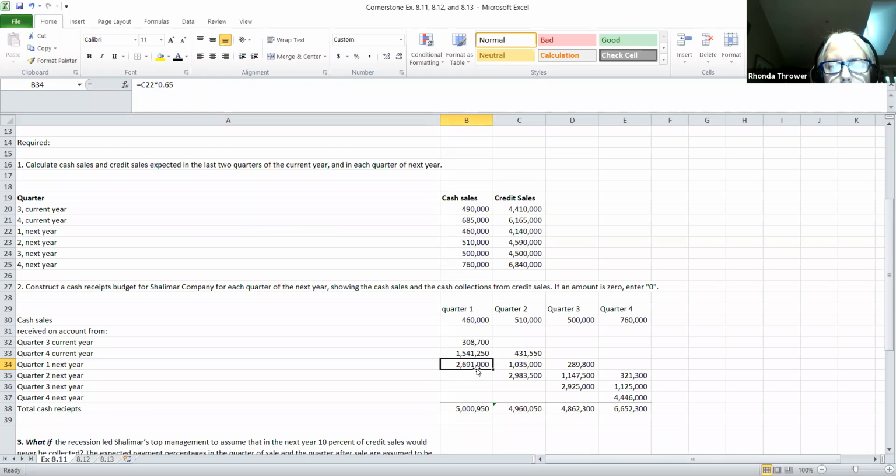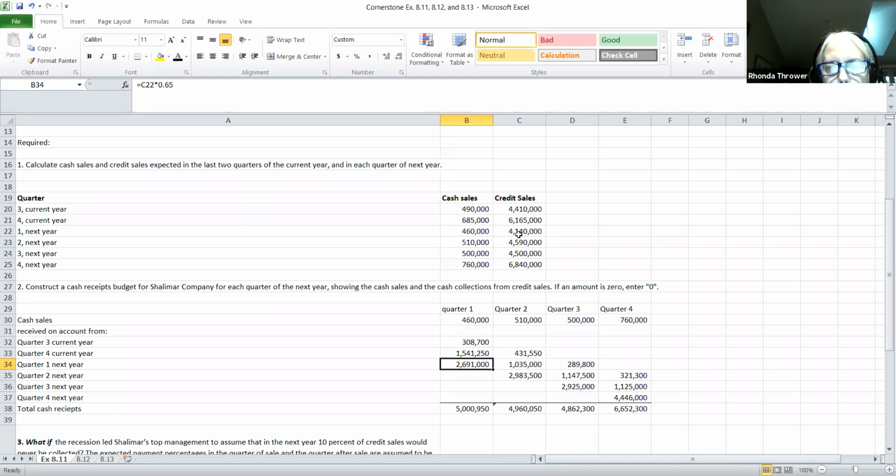So this 2,691,000 is 65% of the credit sales in quarter one of next year. In other words, this is multiplied by 65% to get this figure here.